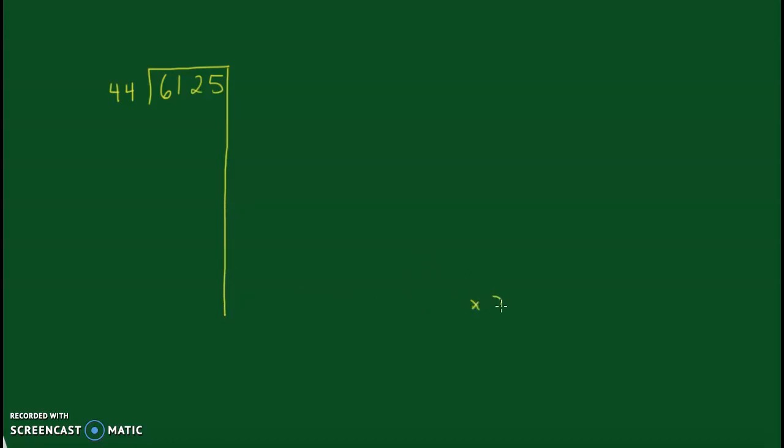It's times 2, times 5, times 10, times 20, times 50, and we'll see if we need to go bigger than that. So all of these are times 44. Our divisor is what we use over here.